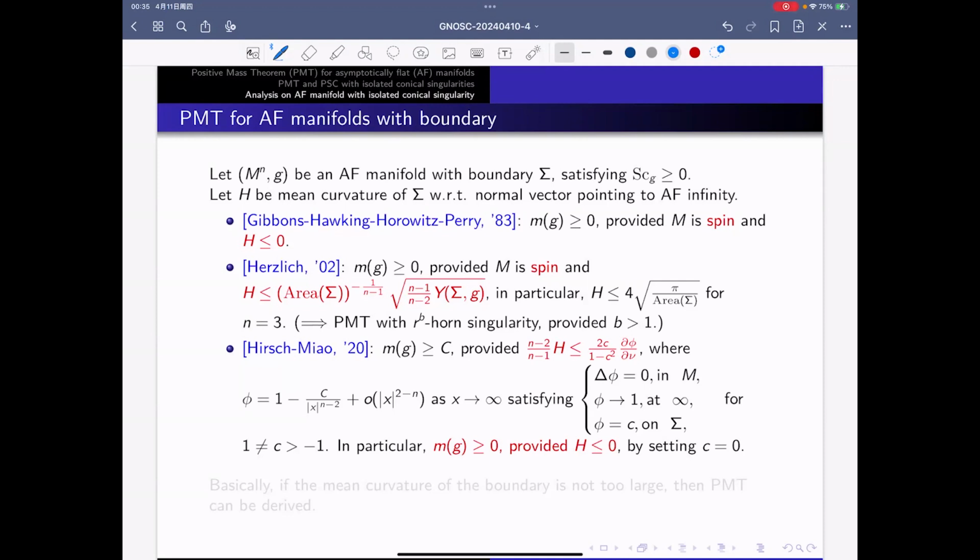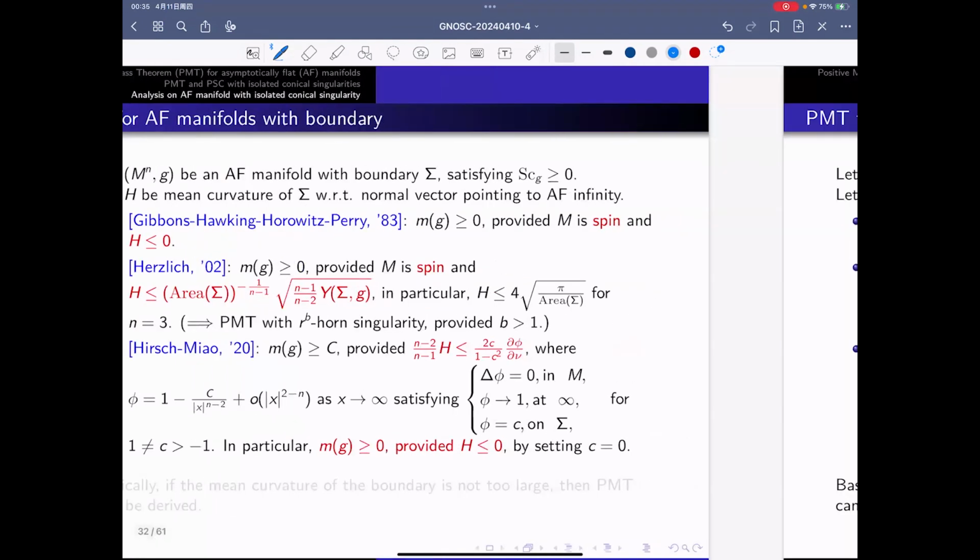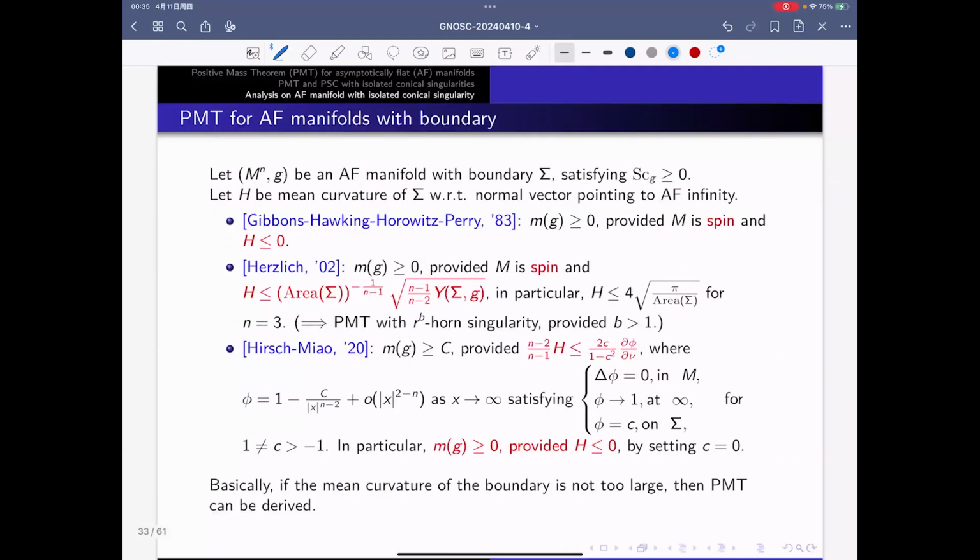In particular, their result also implies the positive mass theorem for non-positive mean curvature. Basically, we can say if the mean curvature of the boundary is not too large, then the positive mass theorem still holds. So this is the positive mass theorem for asymptotically flat manifolds with boundary.